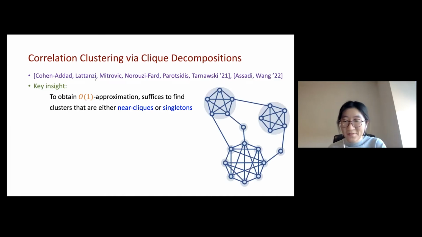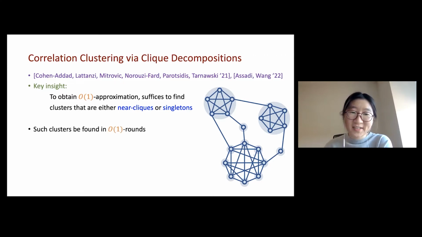So for example, for this particular input graph, an output clustering may look like this. There are two perfect cliques at the top. And if you look at this pretty dense subgraph at the bottom, it turns out this subgraph is pretty dense, but it's still not dense enough to be considered a near clique. So this approach will actually cluster those vertices as singletons.